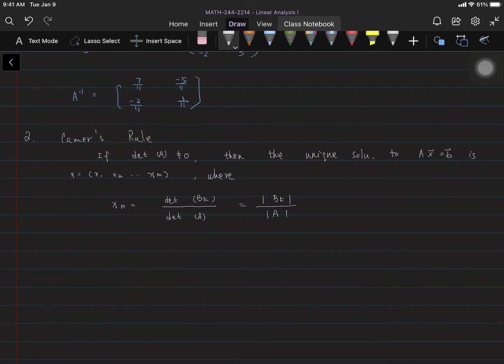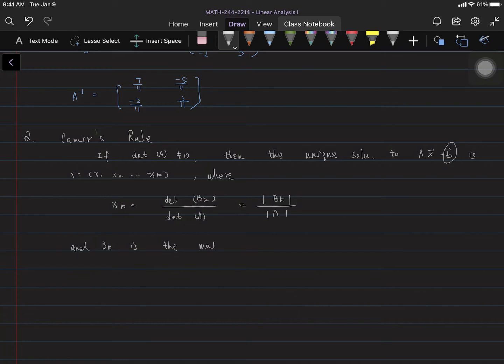Bk is the matrix that replaces the k-th column by b, the constant b on the right side. I'm going to show you later, don't worry.